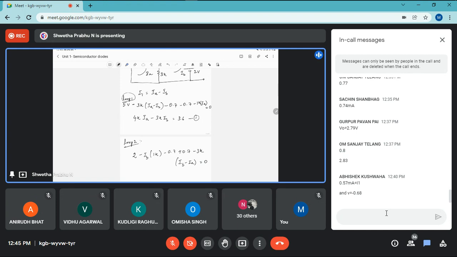Now we understood the difference between loop 1 and loop 2. In loop 1, priority you have to give to IA, so that is the reason we are taking IA minus IB. Whereas in loop 2, you have to give priority to IB first, so that is the reason we are taking 3K into IB minus IA.